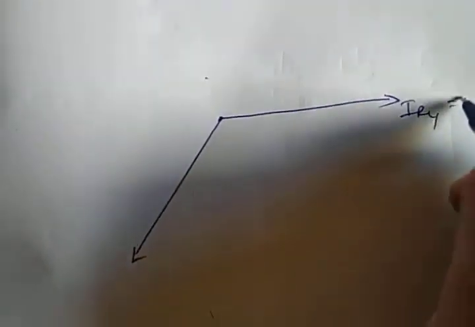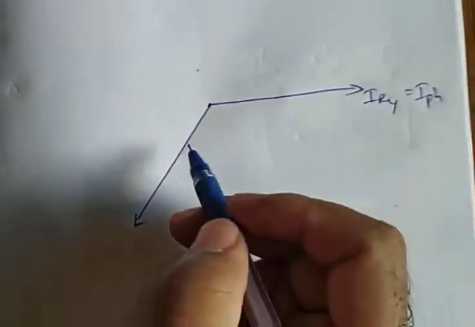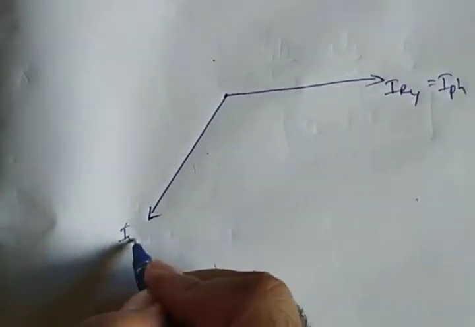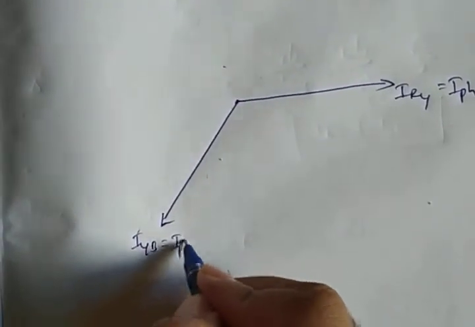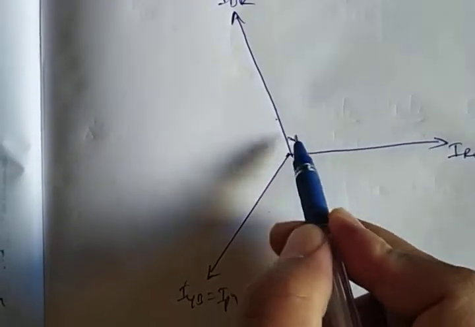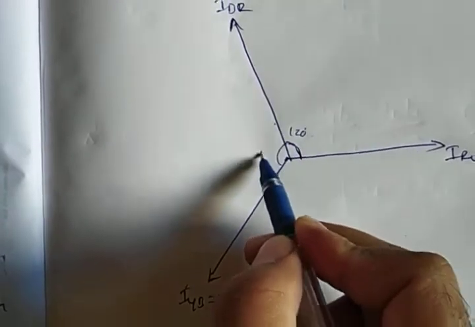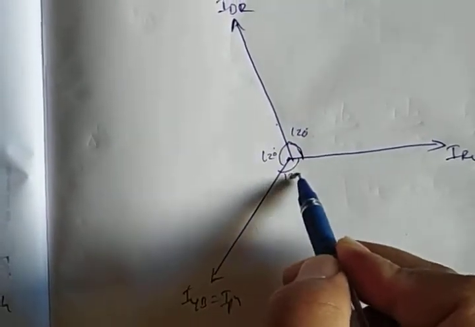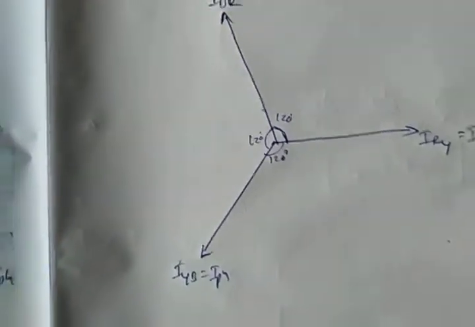Each is nothing but IPH. All three phases are displaced by an angle of 120 degrees. So the phase angle between these two is 120, this is also 120 and this is also 120. That's why you can say it's a balanced system.